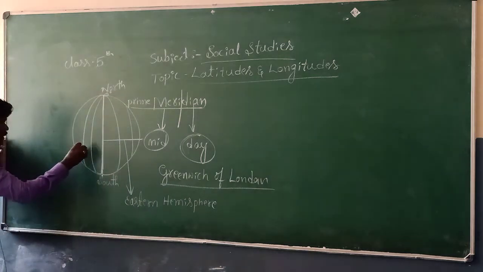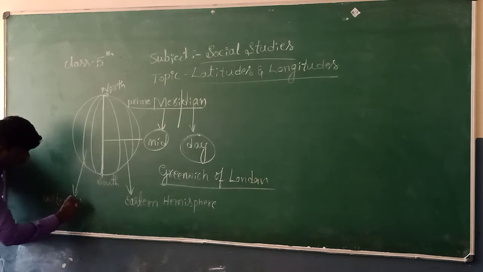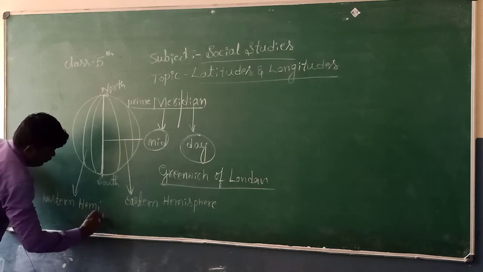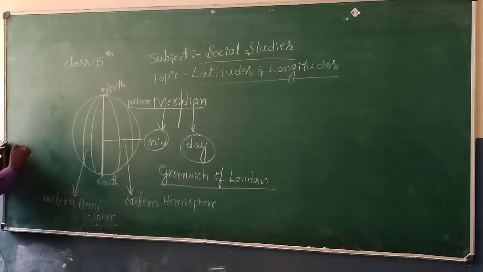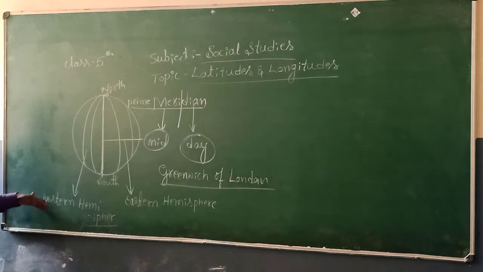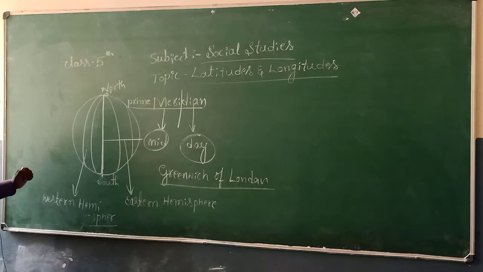To the west of this line is called the western hemisphere. Eastern hemisphere and western hemisphere are the two parts of longitude.